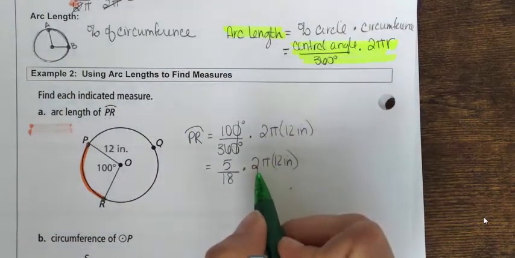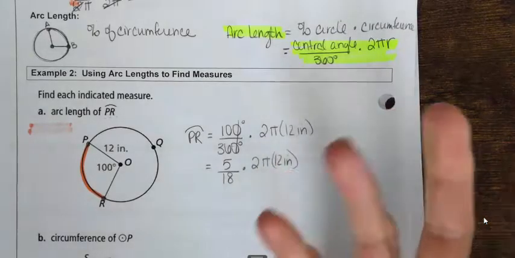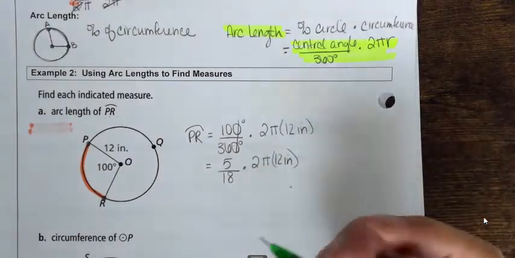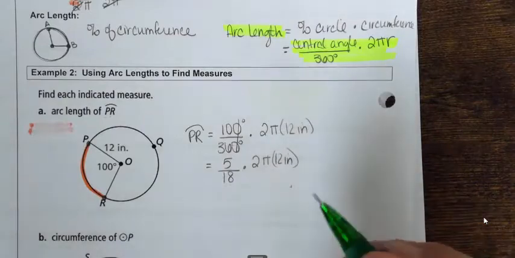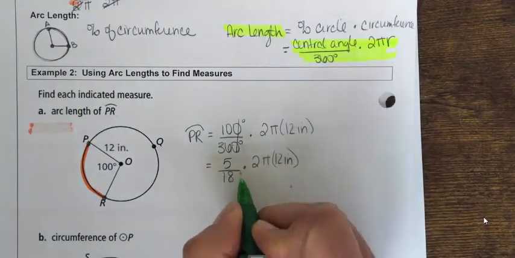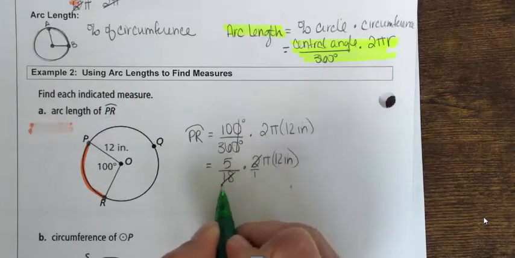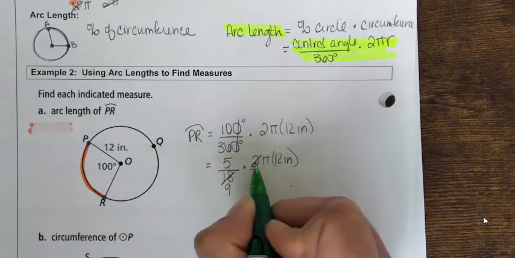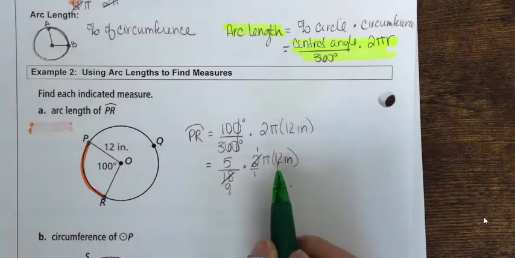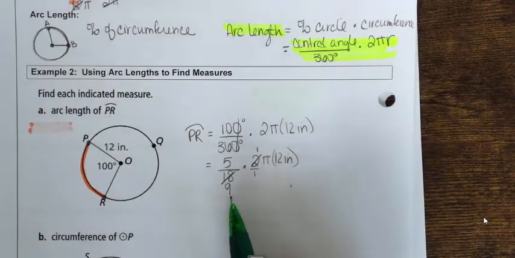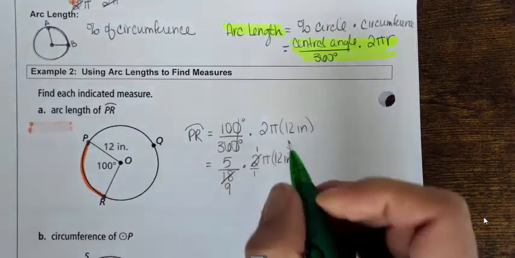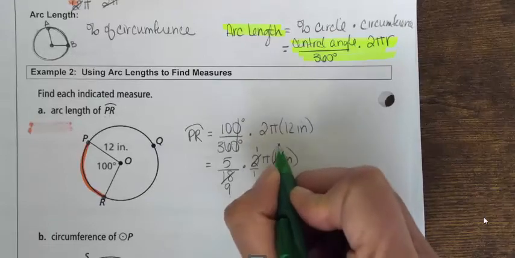Let's see here. Another thing that's happening here is I've got some common factors. So before I even get on my calculator, I can reduce this and maybe not even have to get on my calculator. 2 goes into 18, right? This is like 2 over 1. 2 goes into 18 9 times, so this becomes a 1. Now 12 and 9 have a common factor of 3. If I divide 12 by 3, I get 4.